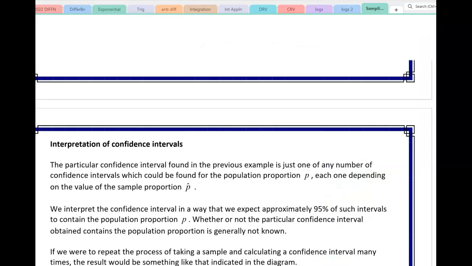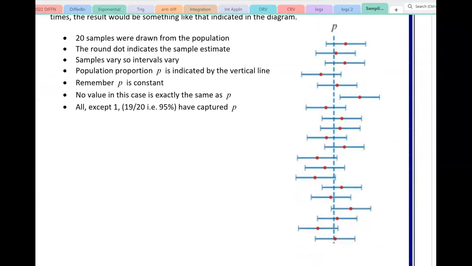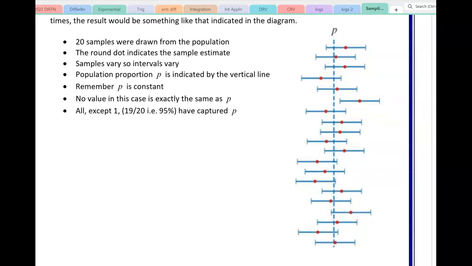The best way to interpret this, and this diagram is really cool, because what it does is it shows you that the population proportion is fixed. That does not change. What's varying is the sample proportion. So that red dot is your sample proportion, and it's based on how many have that attribute in your sample.